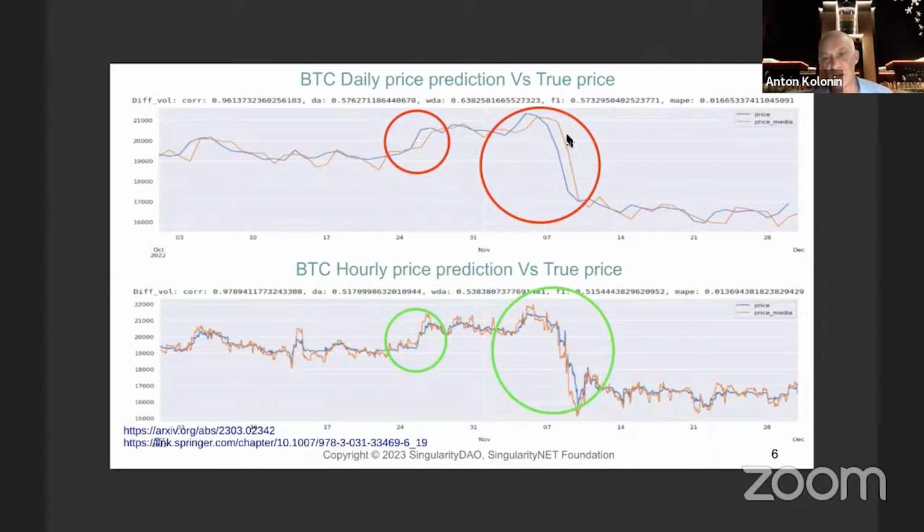But if we increase the accuracy of price prediction to the bottom, so we are making price predictions on an hourly basis, you see that the orange line for predicted price is anticipating the blue plot of the actual price in most of the cases where the price changes are significant.